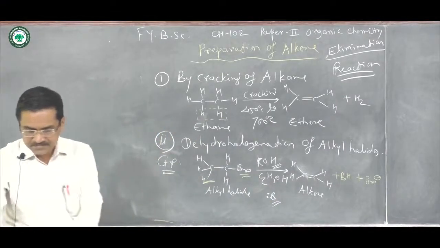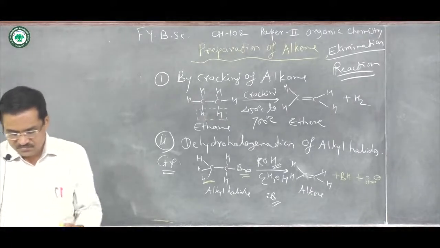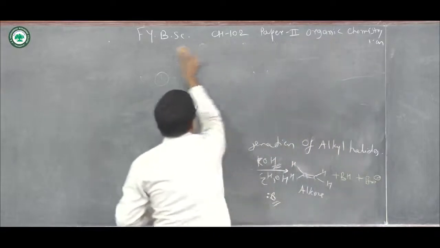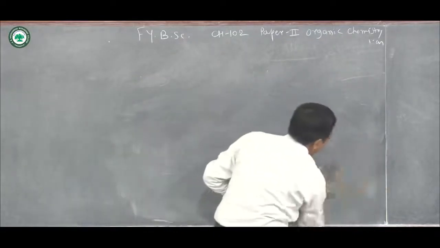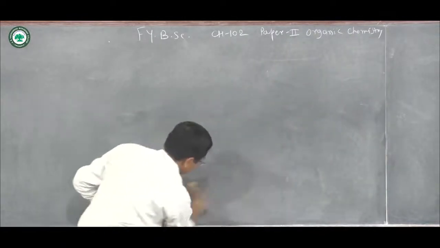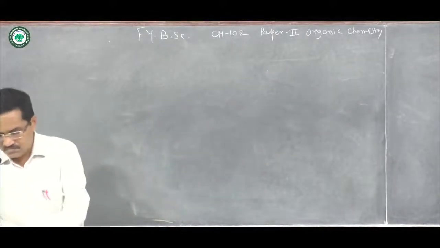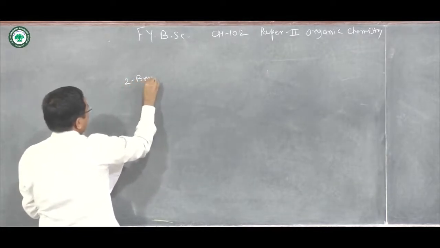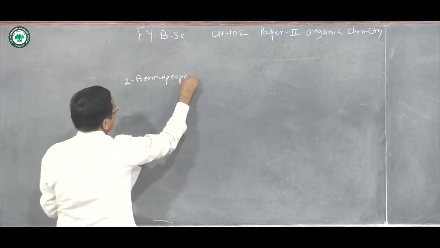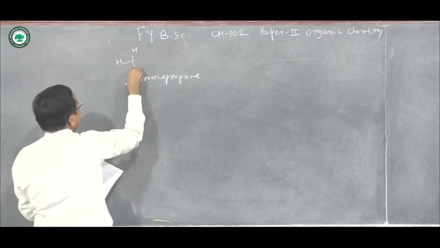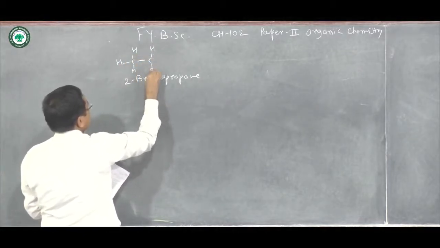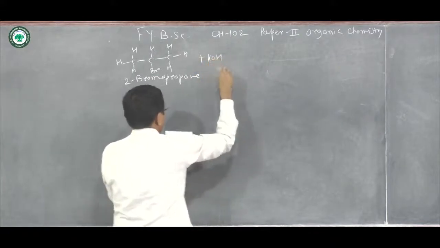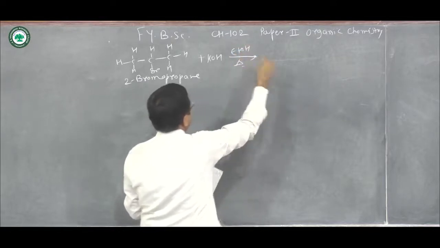Now we take some example here. We take 2-bromopropane as a starting material, plus KOH, ethanol, and heat.